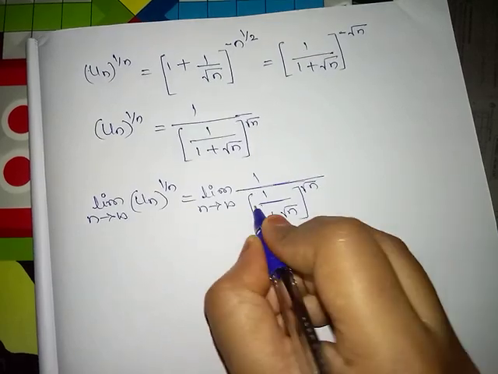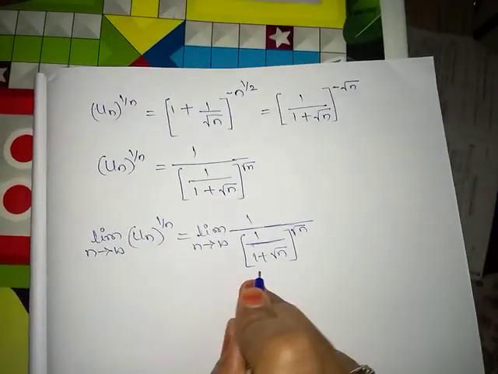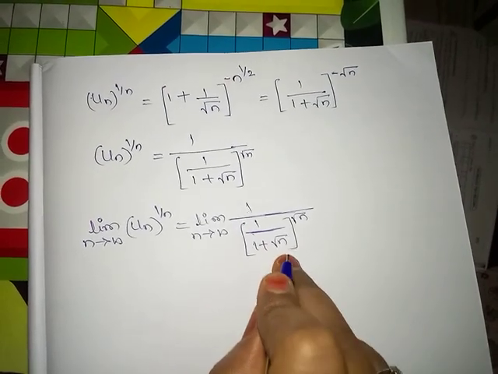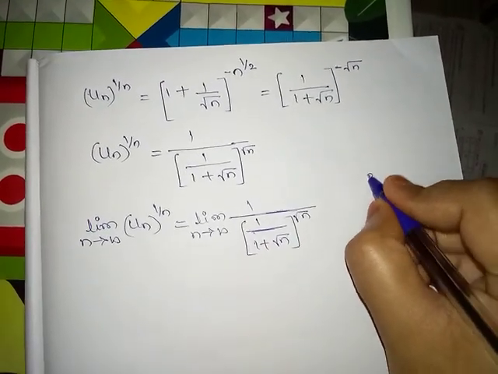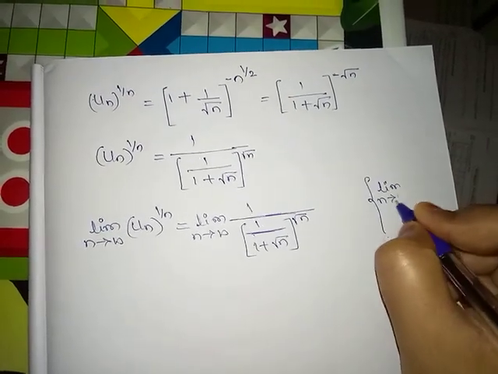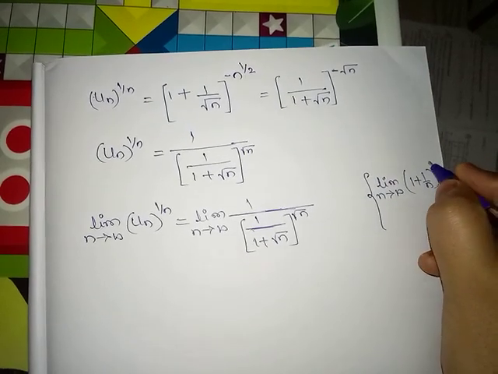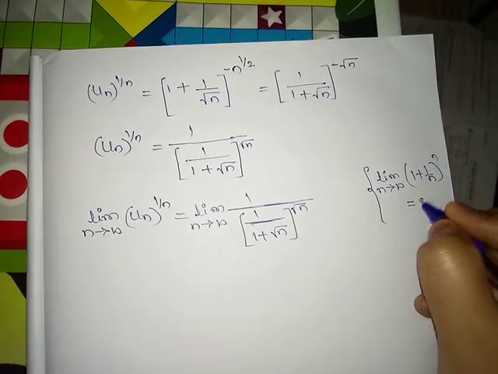See, this term is the same as limit n tends to infinity 1 plus 1 by n whole raised to n is equal to e.